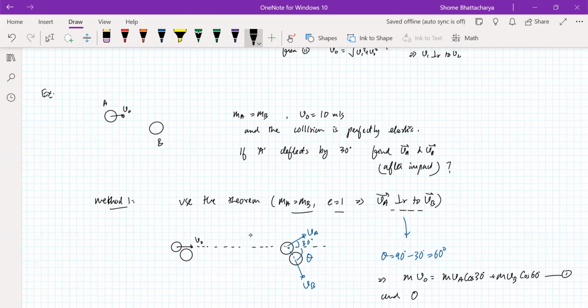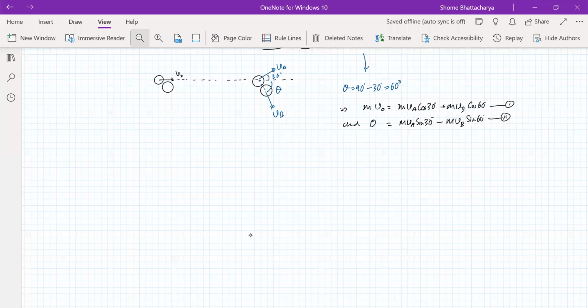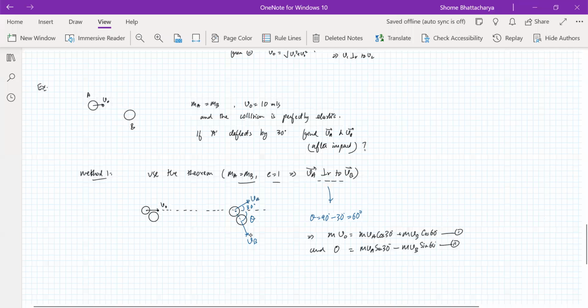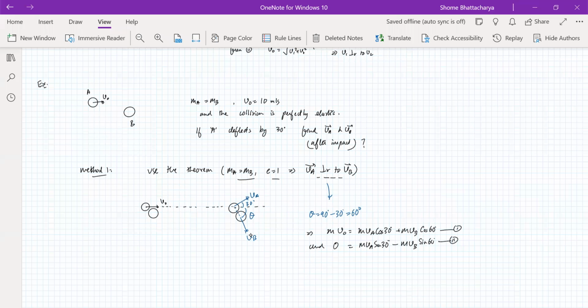And along the y-axis or the perpendicular axis, so solving equation 1 and 2, we'll get this. Okay, so equation 2 will give us that.